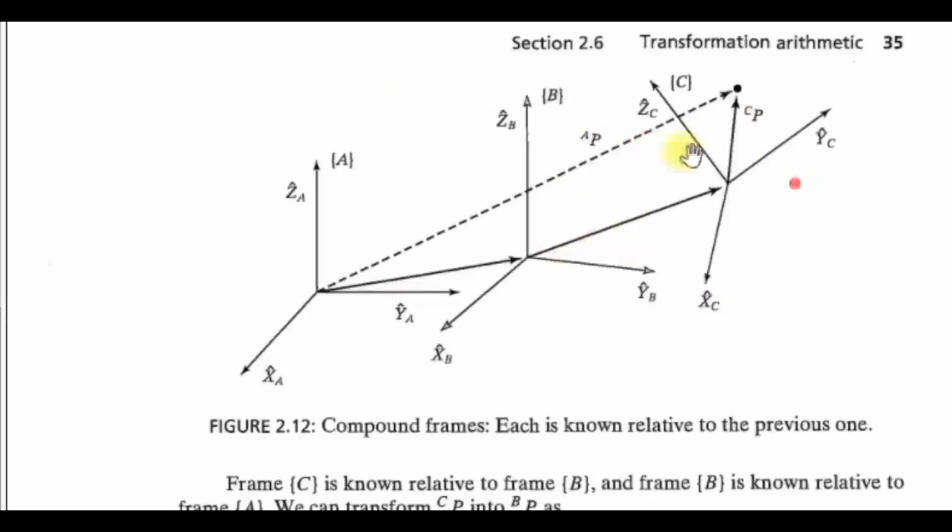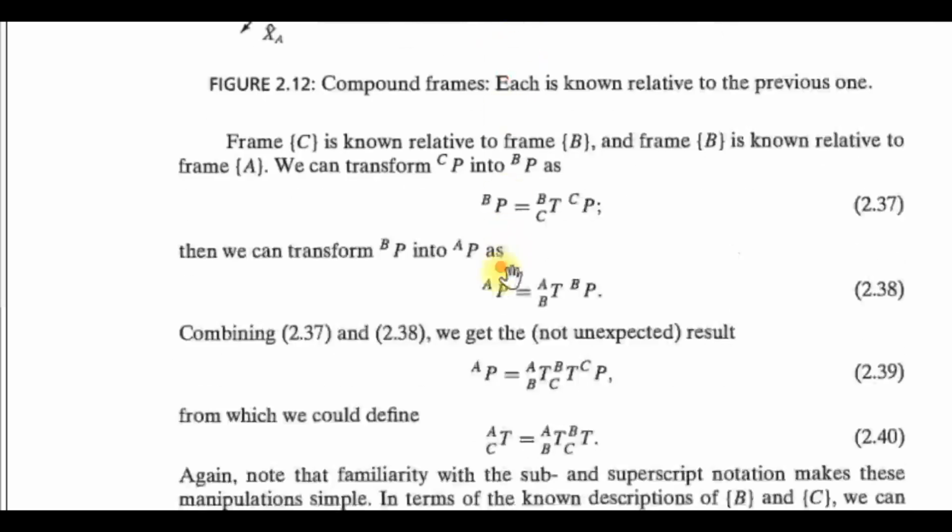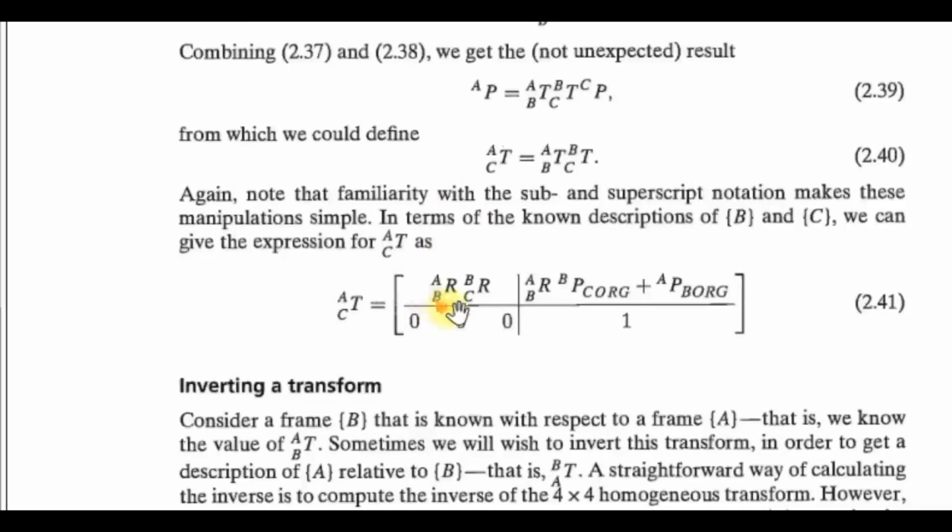So two rotations are possible. The one is ARB, then BRC. Look at the order: A to B and B to C. So this is the proper order.